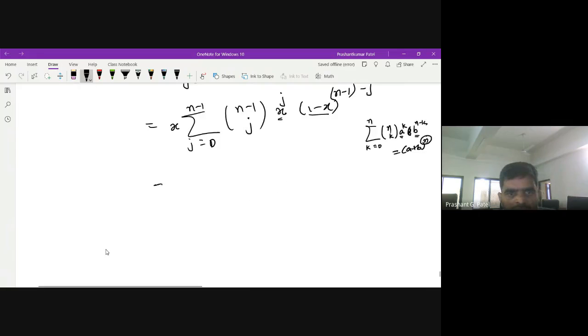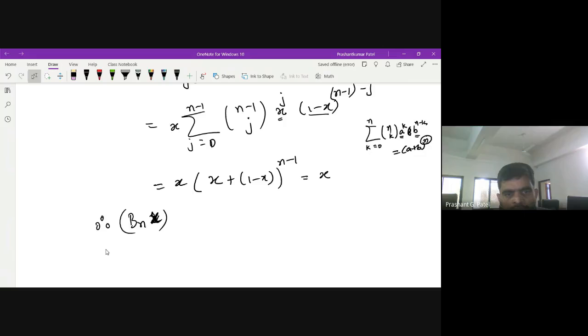So hence this will give you x into (x + 1 minus x) whole power n minus 1. So the sum becomes 1 to the power n minus 1, and we are left with x. So ultimately what we got is Bn x at x will be x, or I can say Bn of f at x will be x, where f is a function such that f of t equals t. This is the thing we got.